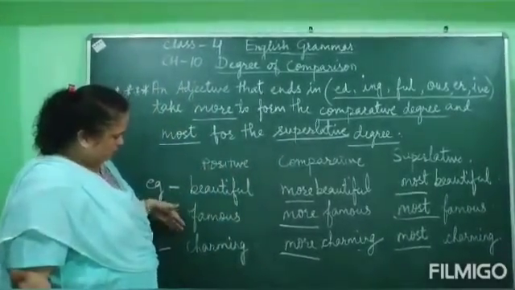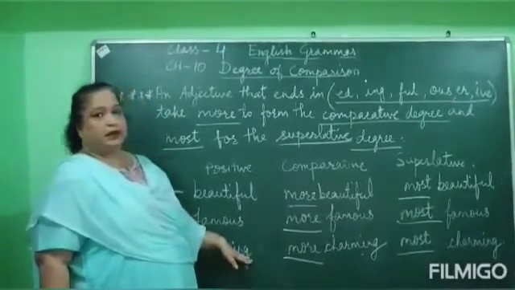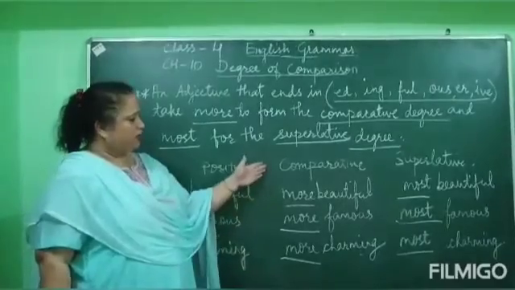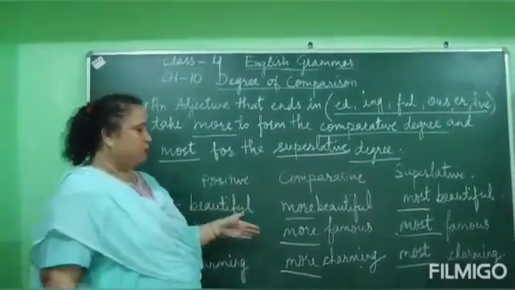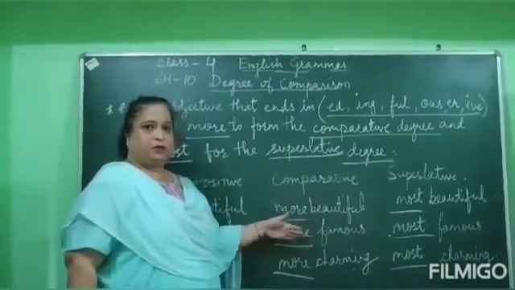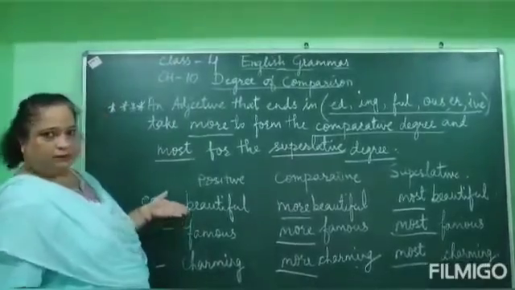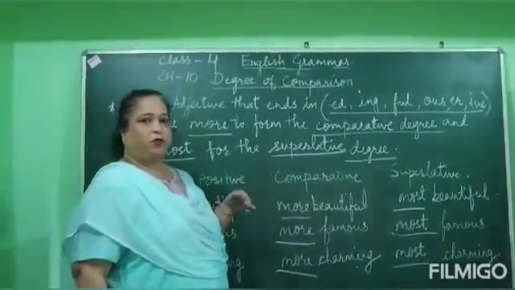So likewise, the third example is charming. This ends with ing. So to form the comparative, what did we do? We added more to it. So it becomes more charming. Susan is more charming than me. To get the superlative form, what did we do?